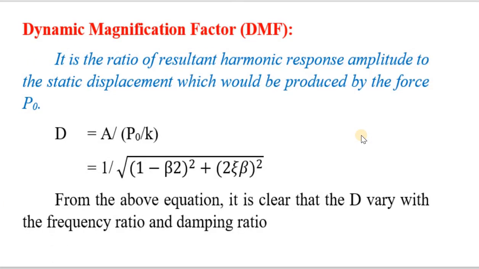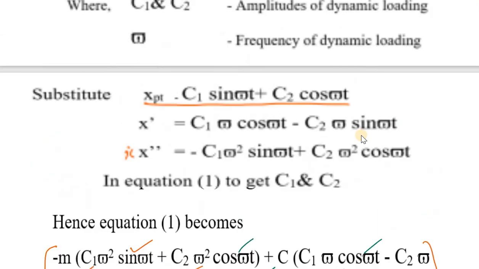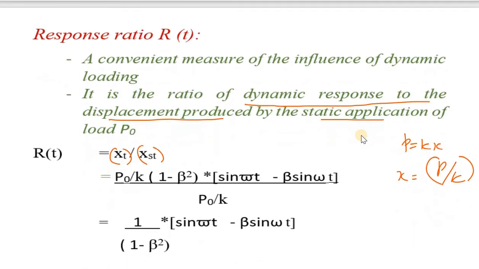Now another term is there, the dynamic magnification factor. It is the ratio of the dynamic response to the static response. We studied this in the last case, and here also. In the undamped case, it was a very small term.